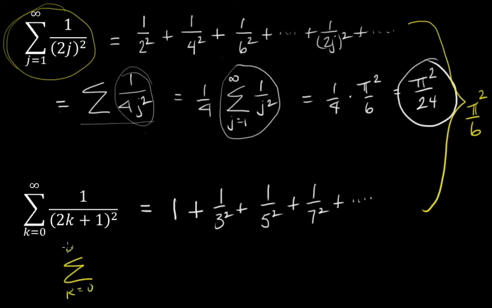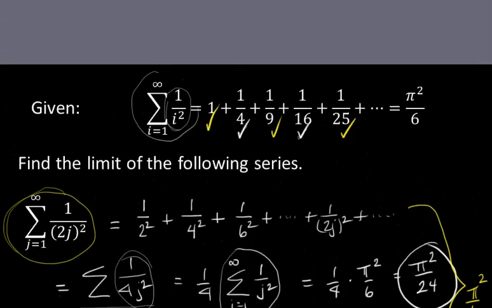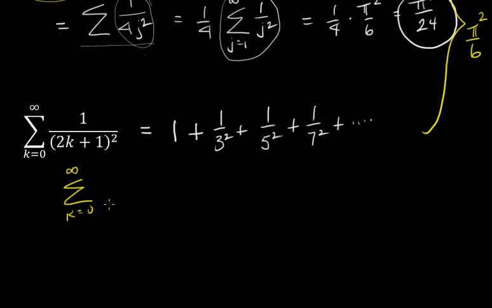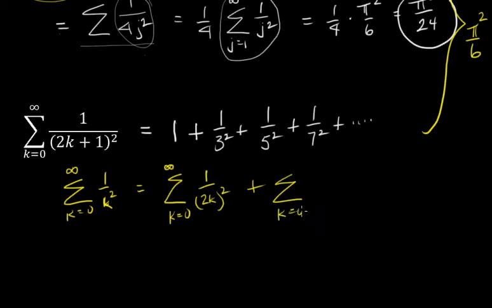The sum from k equals 0 to infinity of, and let's go back up here and look what it was, 1 over i squared is equal to the sum from k equals 0 to infinity of 1 over 2, I'm using k, so let me write k here instead of i. k equals 0 to infinity of 1 over 2k squared plus the sum of the odds. k equals 0 to infinity of 1 over 2k plus 1, that's odd numbers, squared.